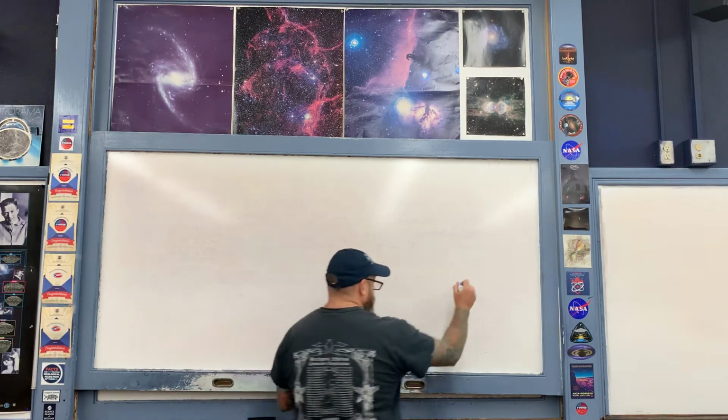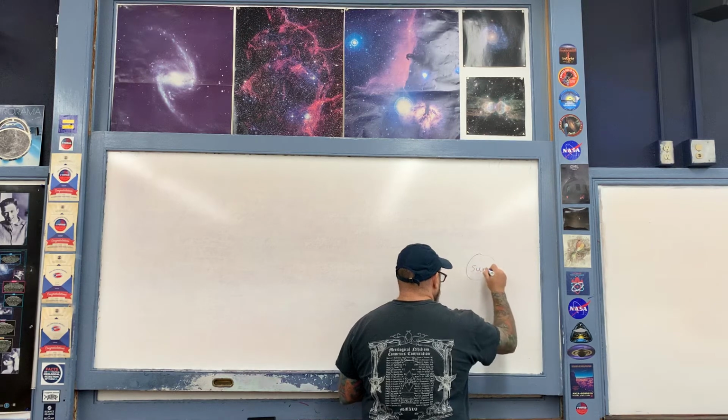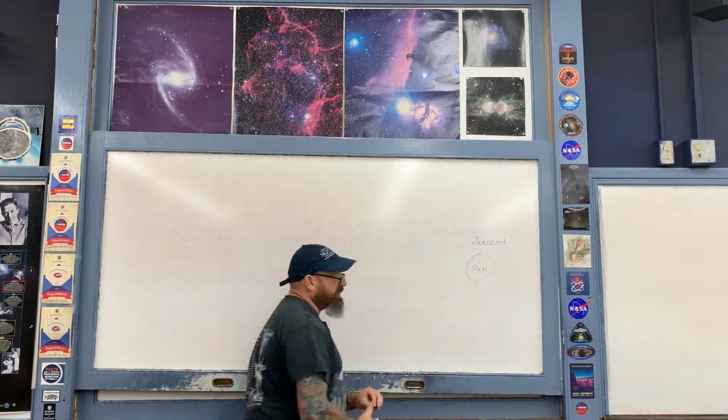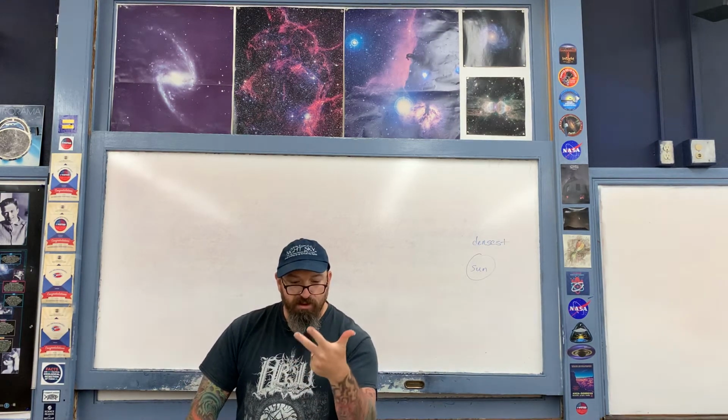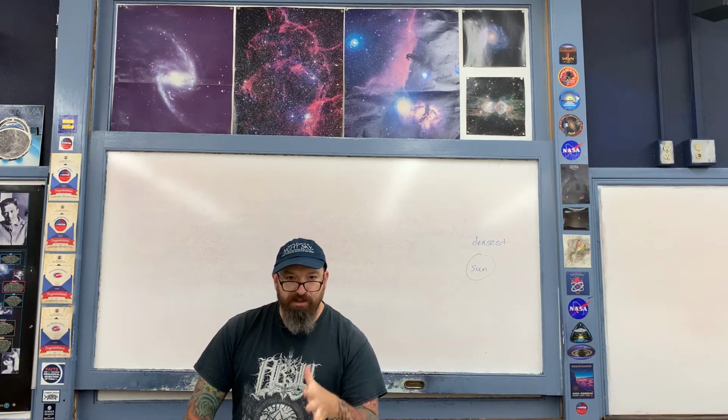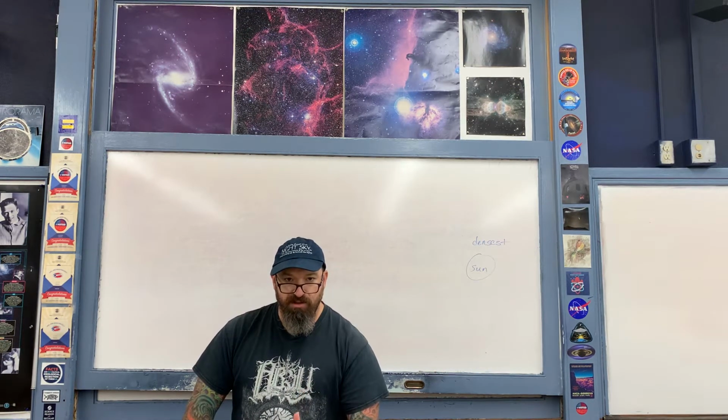Okay, so we have right here the sun. The core of the sun is the densest portion of the solar system. And then you have Mercury, Venus, the Earth, Mars, and the asteroid belt. Those objects are basically all made of the same things. Basically rocks, mostly silicate minerals, and metals.